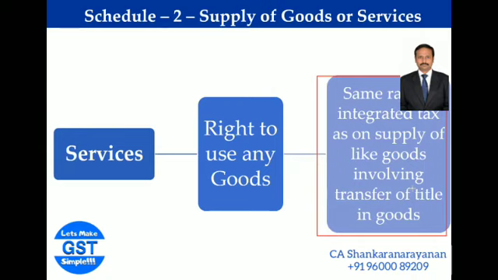That is why you will see, interestingly, if costly cars, BMWs or Audis are hired for the purpose of management people, the right to use is given to the management person. Sir, you do whatever you want. Then GST will come and say, on that rental, you should not charge 18%. You should charge 28% GST because that is the rate at which the car is sold. And you should charge 22% compensation cess also, because when the car is sold, compensation cess is also applicable.